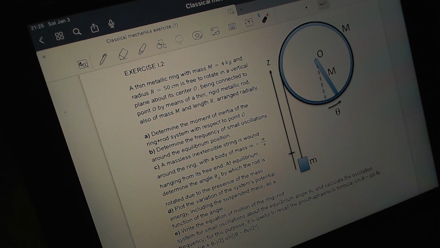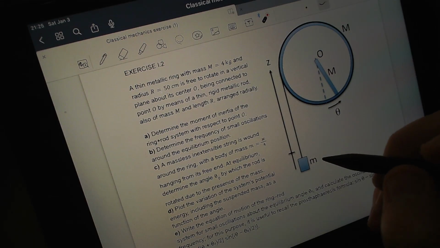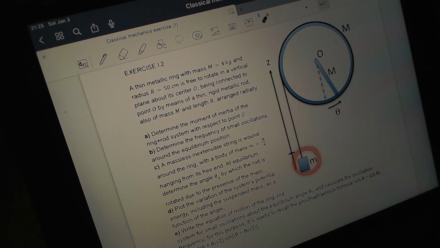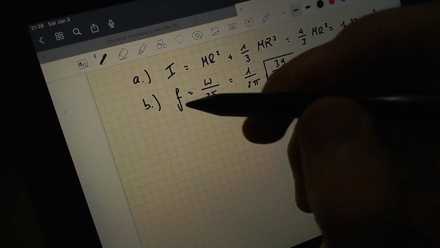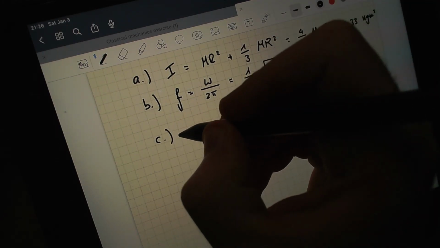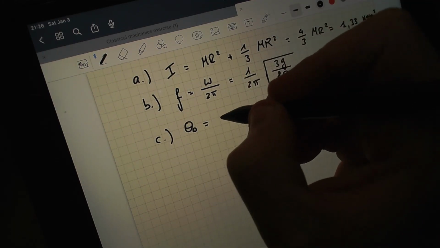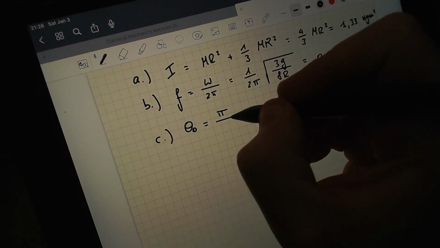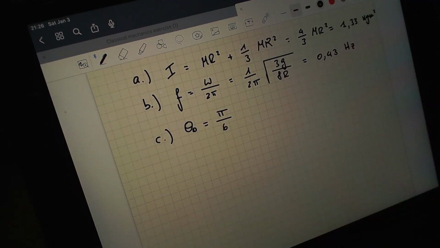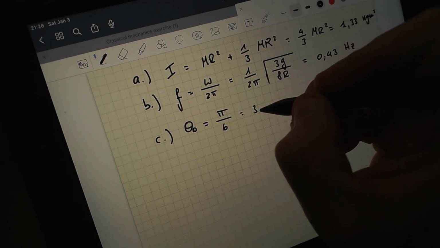So in the third point we have to consider the mass m here, and here basically we already found that theta 0 is pi over 6, which is 30 degrees if you want.